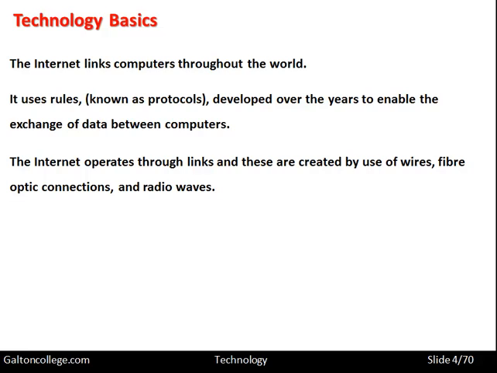So these links could be telephone wires, which was traditionally used, or fiber optics, which are much faster and give a better service, but more expensive. Or it could be radio waves. Sometimes people live in areas where it's not economic to have a wired connection, or it's not feasible to have a wired connection. So they may use telephones or radio waves.